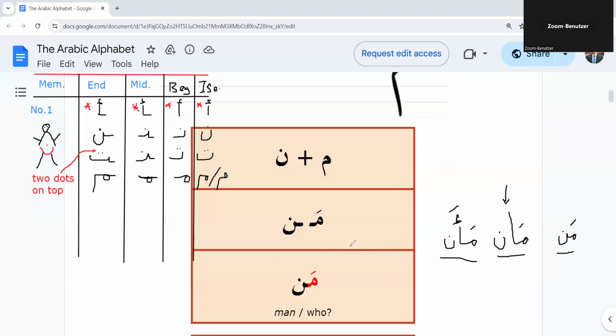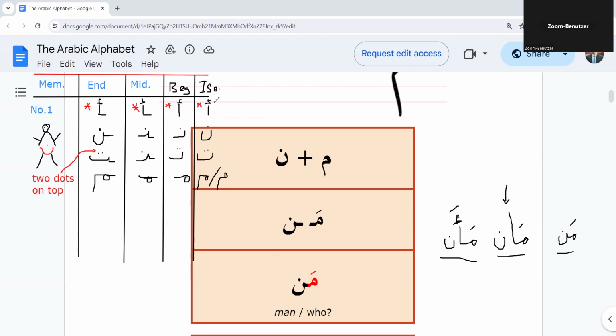The difference between the A with the Hamza and without. We forgot to write it down at the beginning, the difference between the Alif with Hamza and without. I just mentioned it maybe. But yes, the alif, as I said, the hamza is not always there. It can be with it or without it.